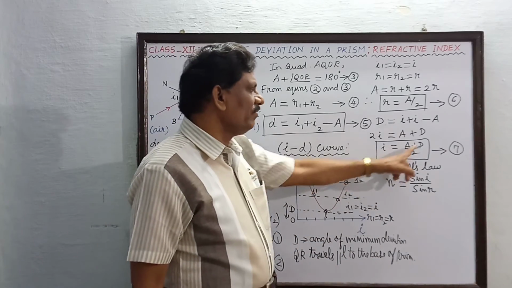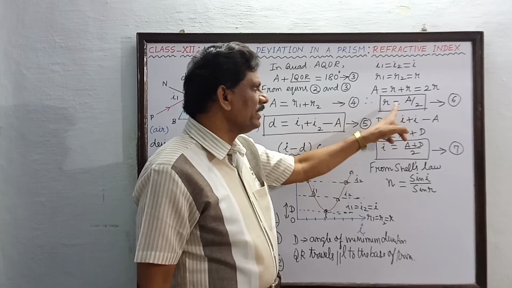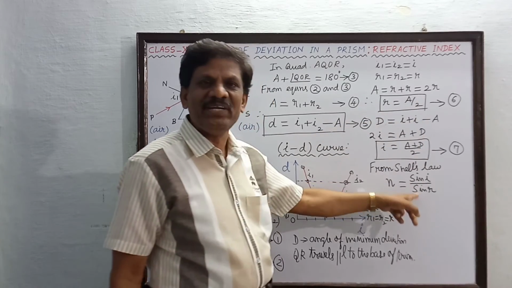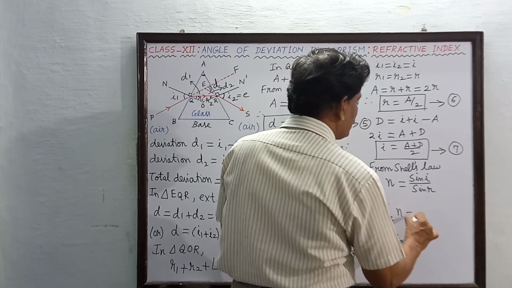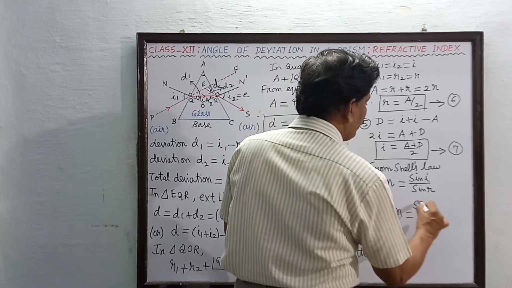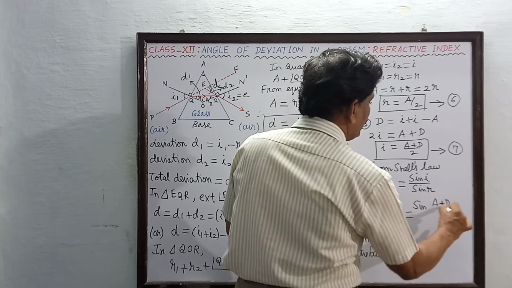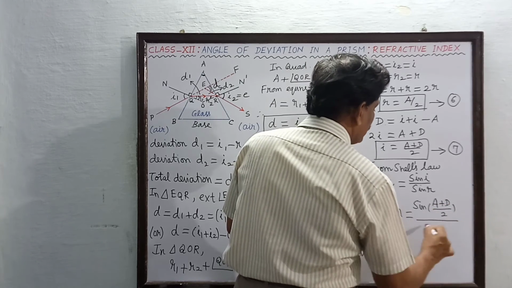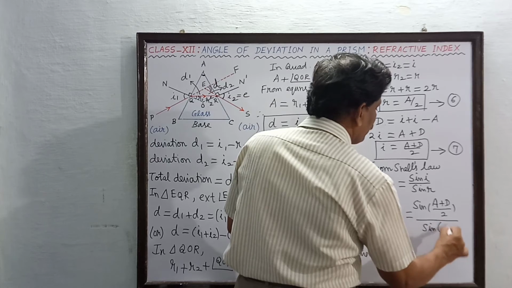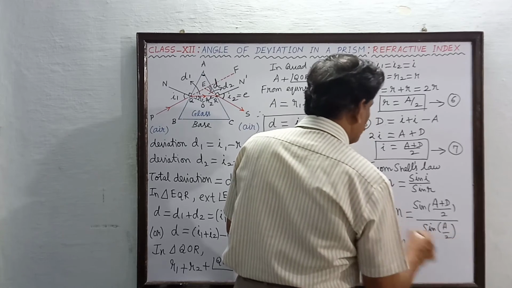So instead of I, we substitute A plus D by 2. Instead of R, we substitute A by 2. Is it not? Therefore, now N is equal to sine of A plus D divided by 2, whole divided by sine of A by 2.